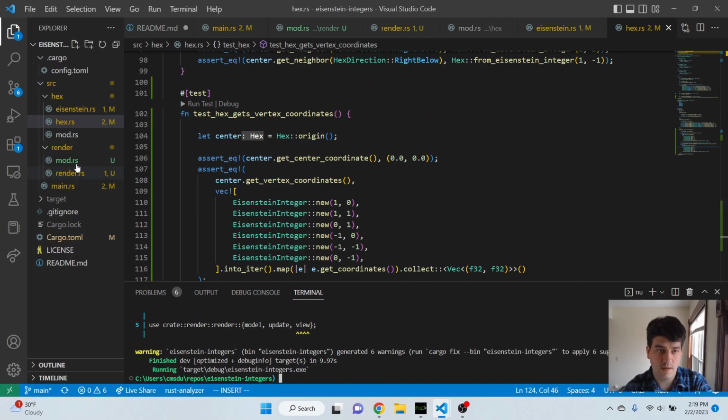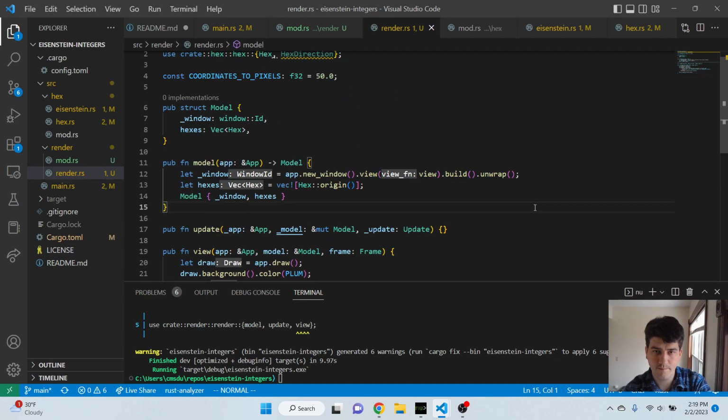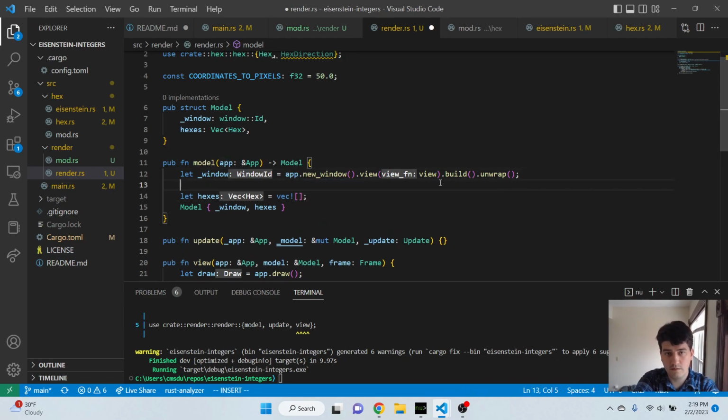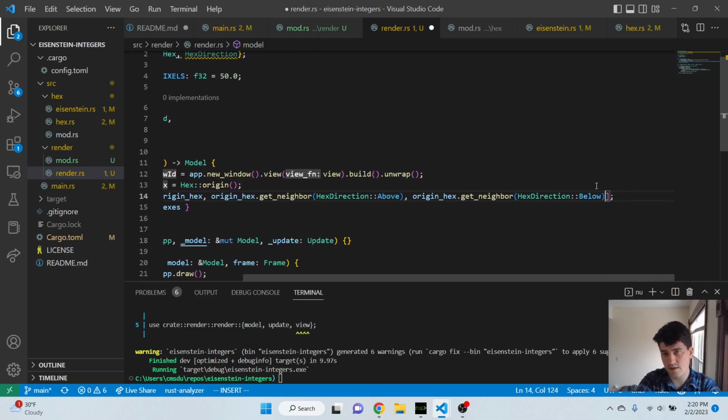Let's add some other hexagons. Let's see here. Let's say origin hex be this, and then we'll do origin hex dot get neighbor above, and origin hex dot get neighbor right below.